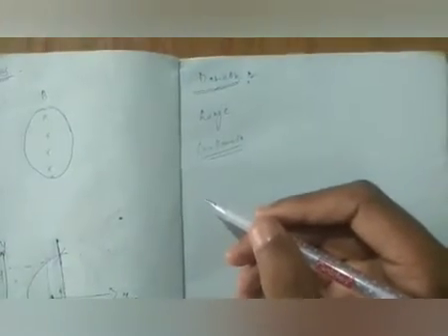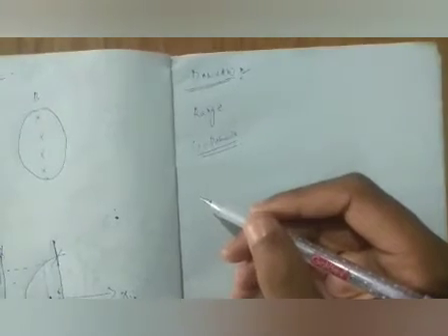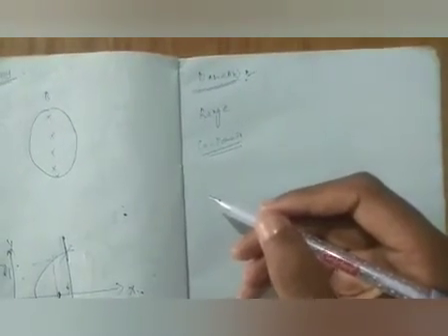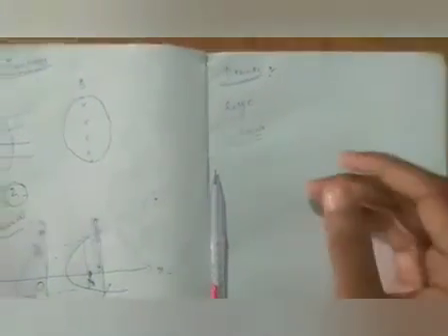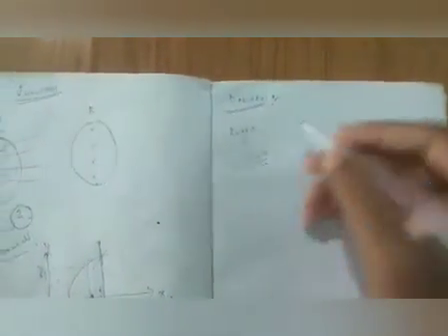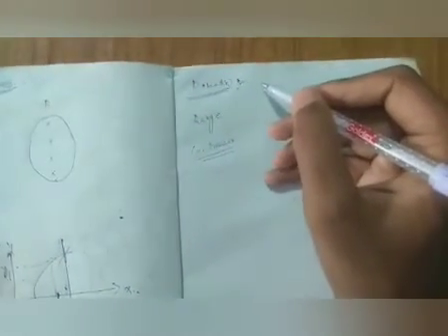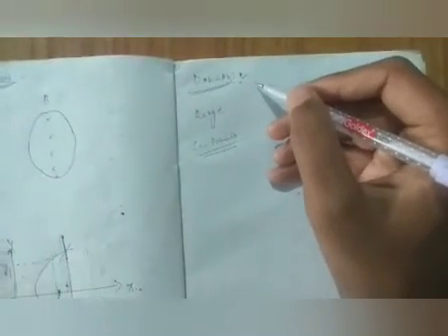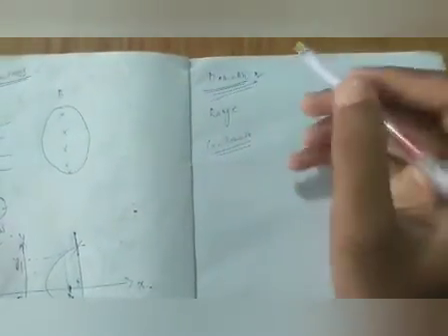What is domain? Domain is the set of values of set 1. We are dealing with functions with set 1 or set 2, or x-axis and y-axis, so I will go with x and y. The set of values of x where the function is defined is known as the domain. In the domain set, the function is defined.